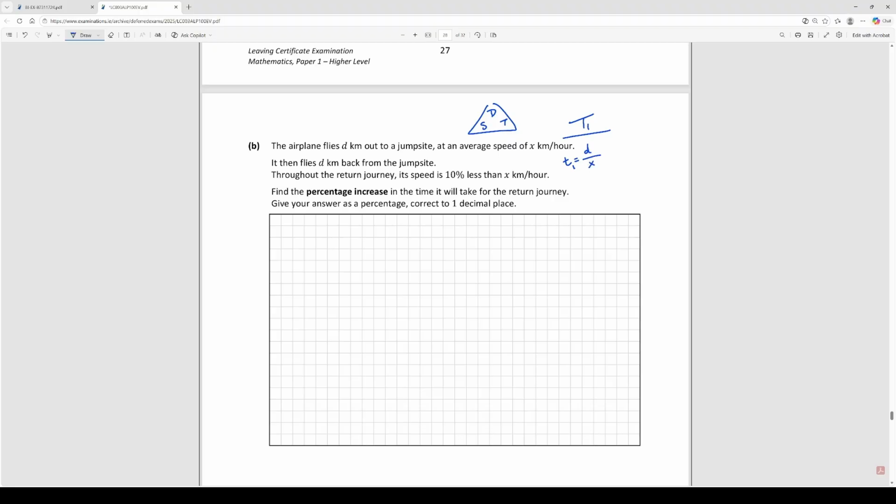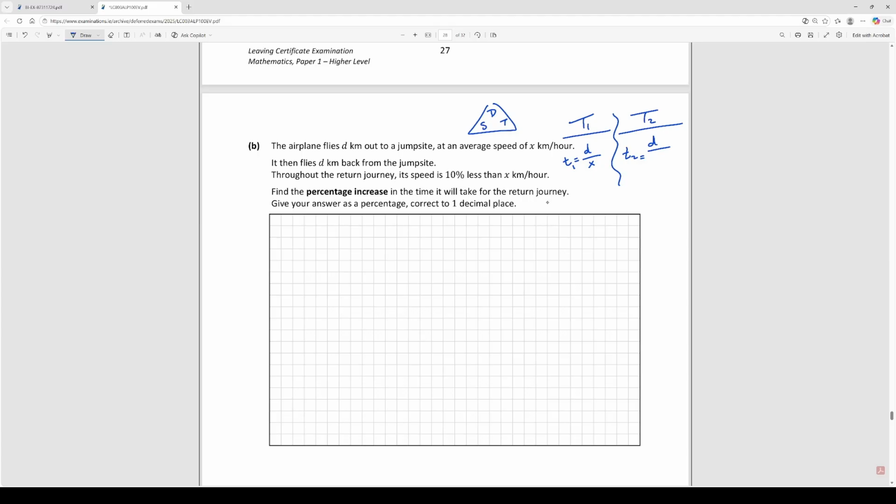So that's the time it would take me to do the first trip. Then for the trip back, t2, it's the same distance, but the speed is different. It says it's 10% less than x, so that means it's 90%.